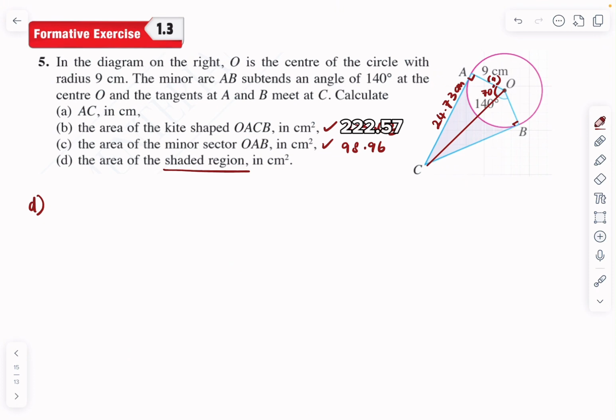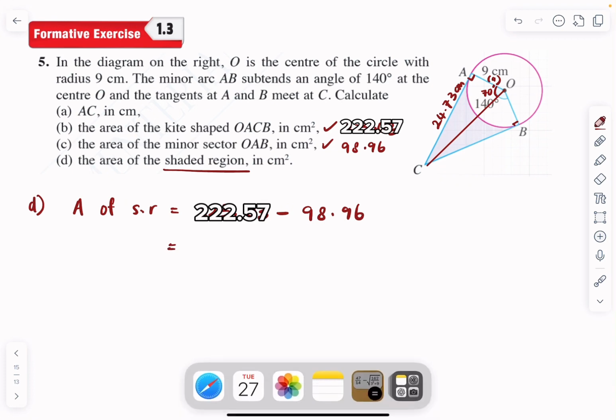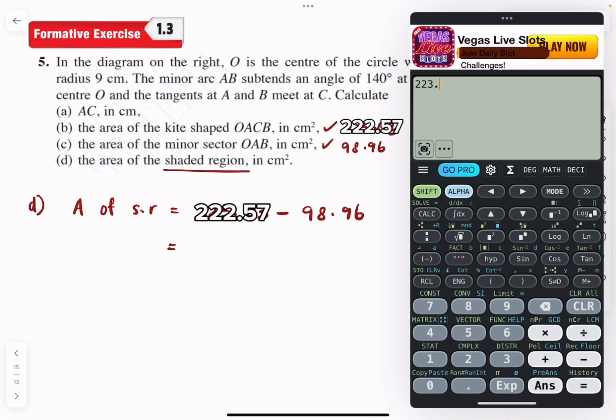So to find the shaded region, you just minus the kite with the minor sector. So you can say area of shaded region is 223.03 minus 98.96. 124.07.